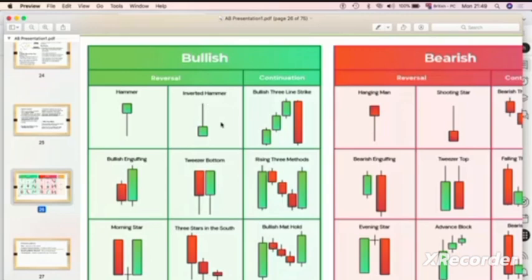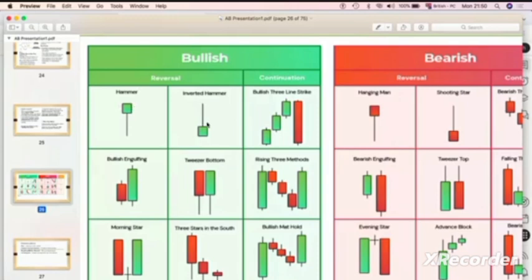We also have an inverted hammer, which is the opposite of a hammer. When you have an inverted hammer, you should be expecting the opposite. As you can see, the hammer has a long wick at the bottom and a little body without a wick at the top.